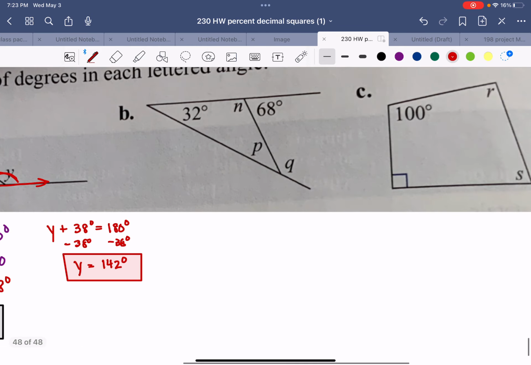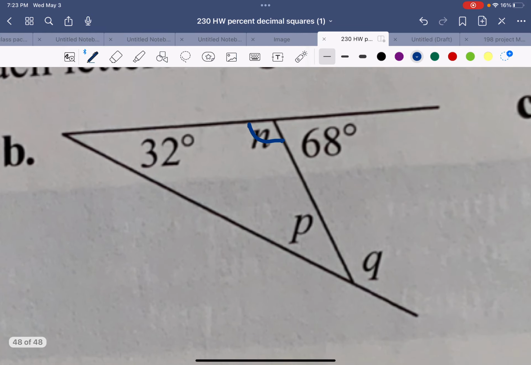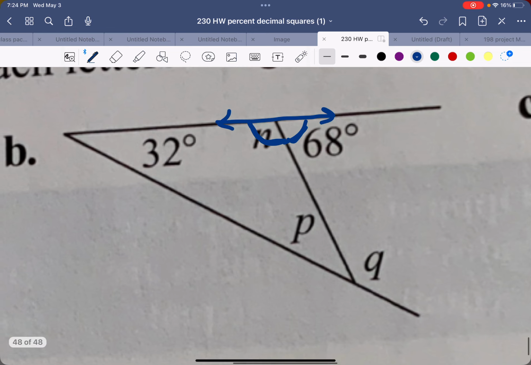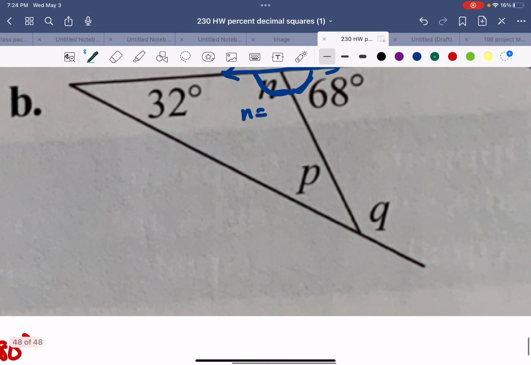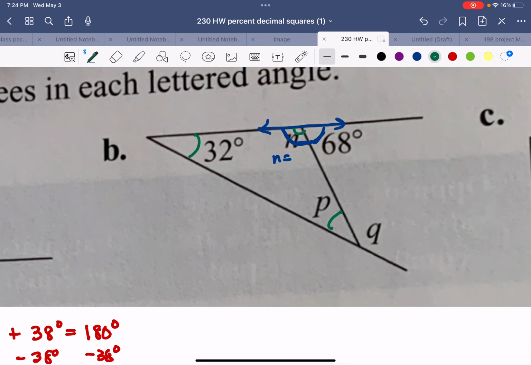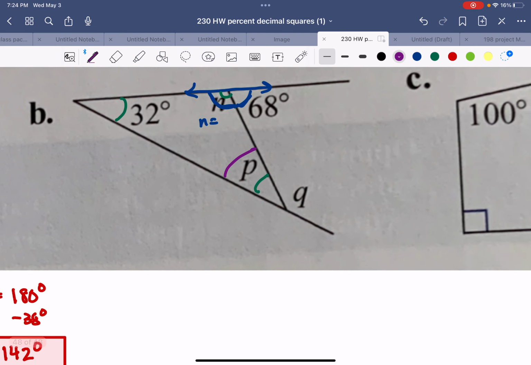Same thing's going to be true in B. So in B, you're first going to set up angle N, and 68 degrees forms this straight line. And then once you found out what N equals, then you can use the triangle. So you've got angle N, the 32 degrees, and the P has to be 180 degrees. And that way, once you find N, you can substitute that in and find your P. And then you'll be able to use the fact that your P and your Q form this straight line over here.